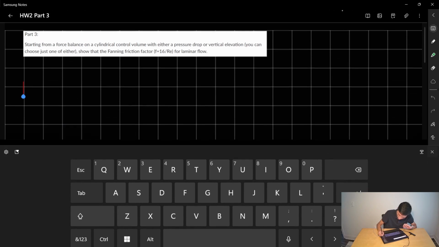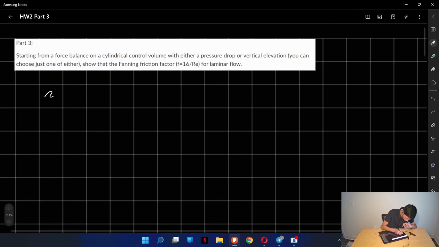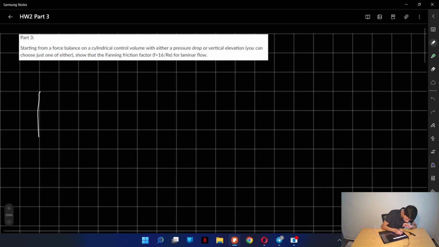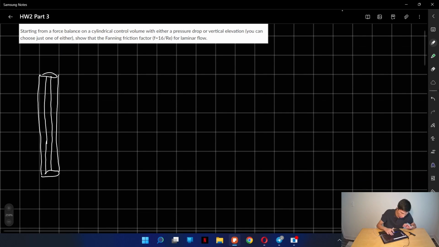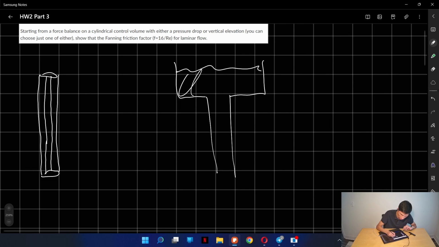So let's imagine we have a tube, and the liquid column is driven inside. We can imagine that as a tank with some fluid going out.